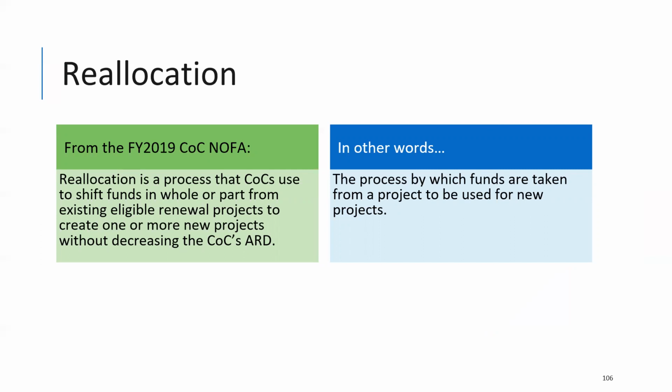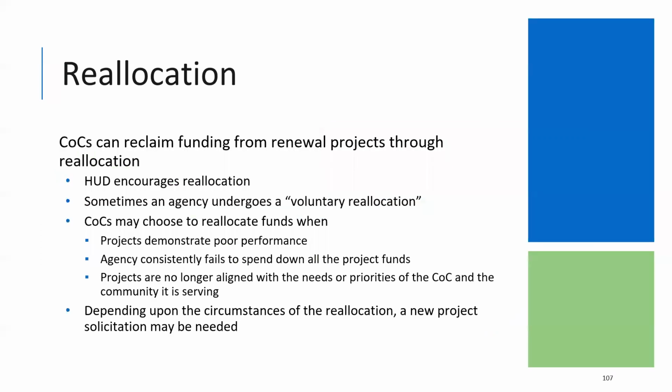So in other words, it's the process by which funds are taken from one project to be used for new projects. So CoCs can reclaim funding from renewal projects through reallocation. HUD encourages reallocation. HUD wants to see that CoCs are looking at the performance of projects and making sure that they're funding the most effective projects that meet needs within the CoC.